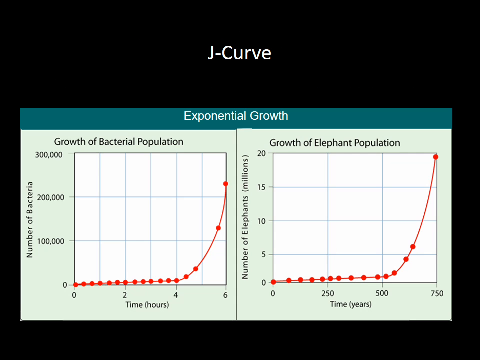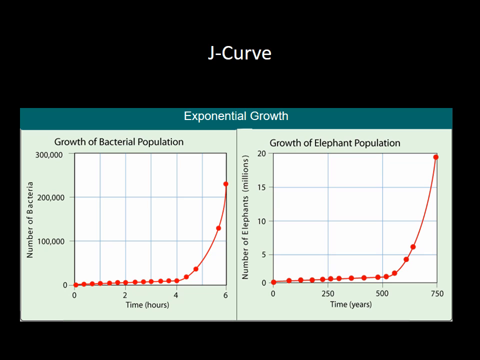Exponential growth has this characteristic J-curve shape. You have two graphs here. The left one is looking at a population of bacteria. The right one is looking at an elephant population. Notice both of them are showing exponential growth, the J shape. However, look at the time difference. In the bacterial population, you're looking at only 6 hours, and it went from about 1 to over 200,000 bacteria in just 6 hours.